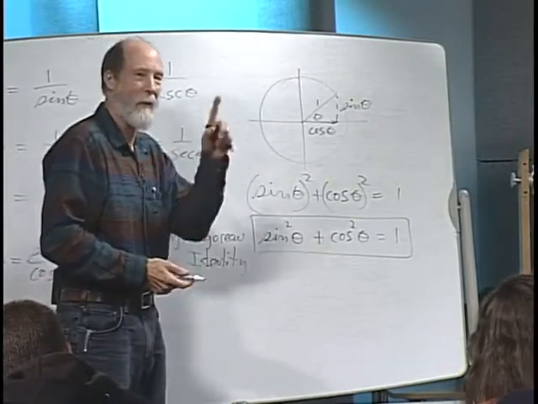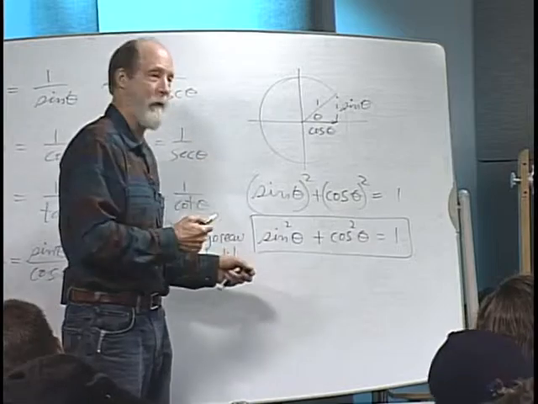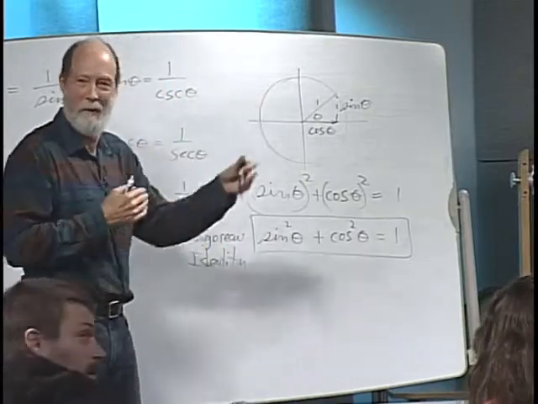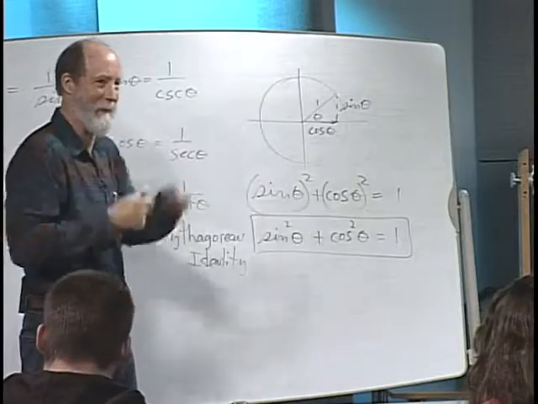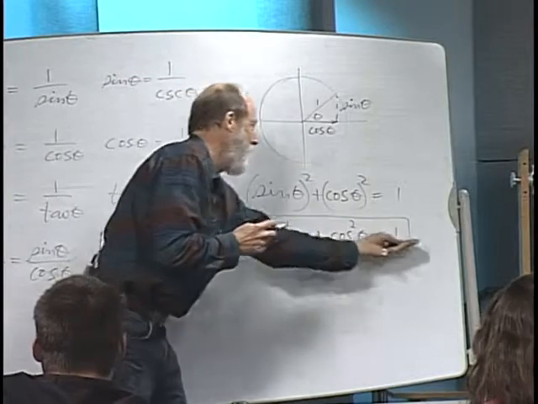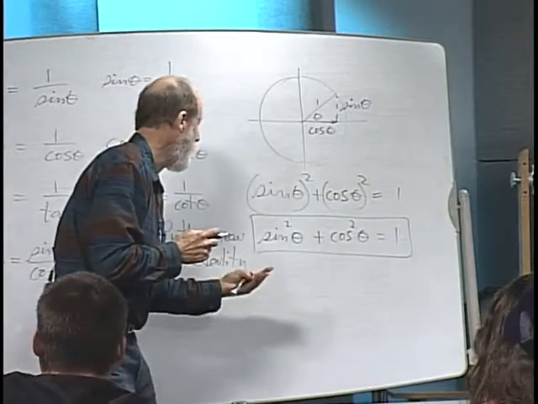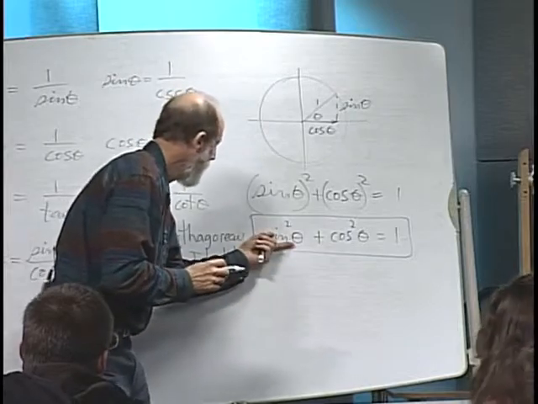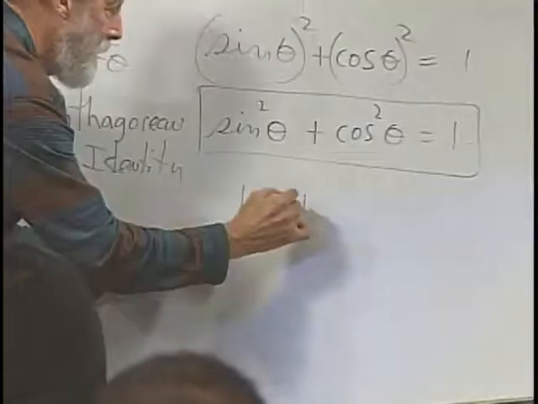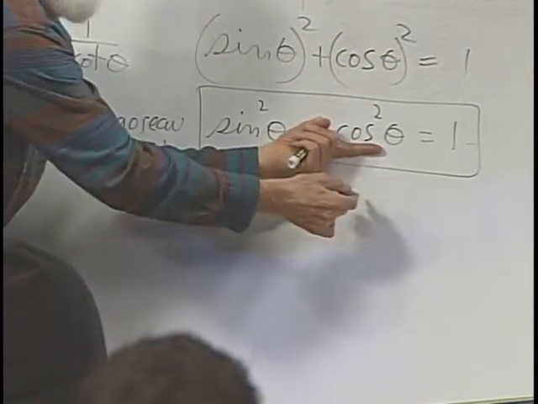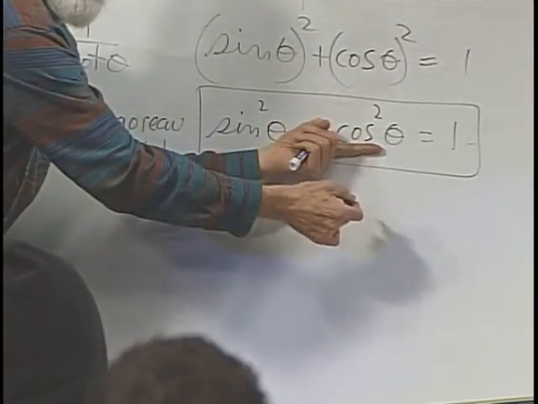Now, watch this. You're going to like this. I only have about a minute or so left because I'm running out of time. What if I divided both sides of this identity by sine squared? Dividing this by sine squared turns it to 1. Dividing this by sine squared, I have cosine over sine being squared.